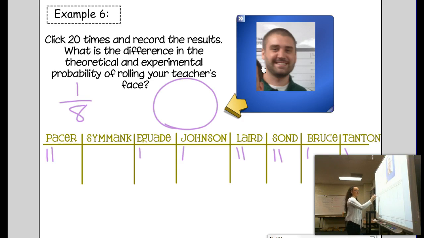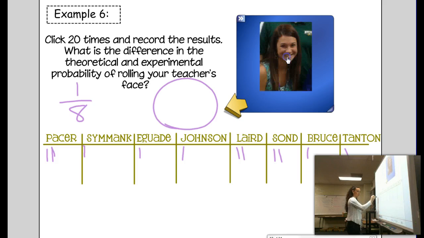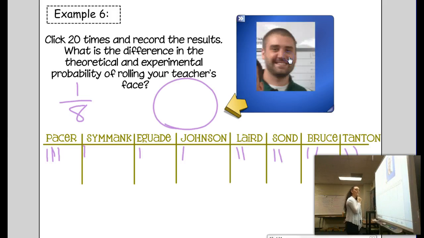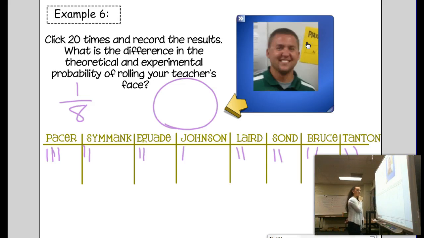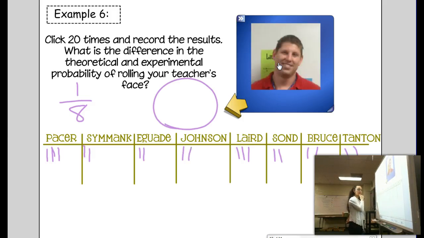Snake. Pacer. I think he's winning. Bruce. Tanton. Smink. Guade. Laird. Johnson. And Saunderstead. Woo! Oh, you didn't get to do one?